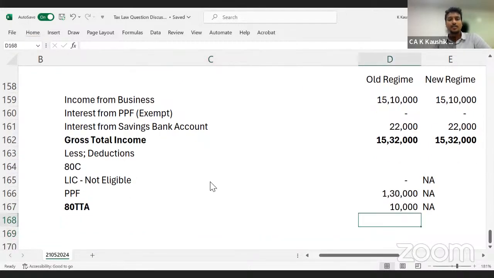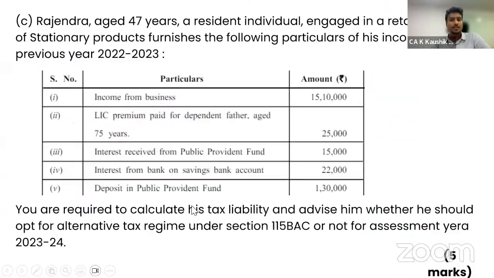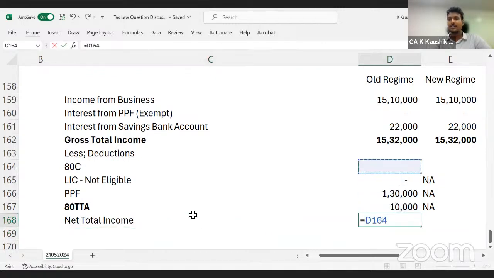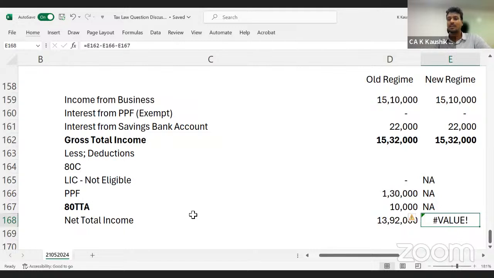That gives you total deductions and then net total income. 15 lakh 32 minus 1 lakh 30 minus 10,000 is 13 lakh 92. Here it will be 15 lakh 32 only, no deductions. So old regime 13 lakh 92, new regime 15 lakh 32.